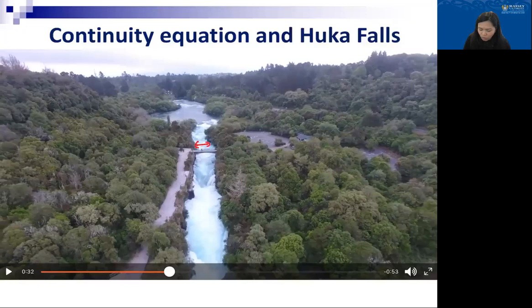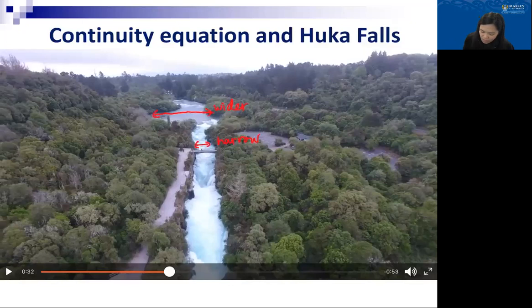So notice how in this section of the channel at Huka Falls, you have a narrower section as opposed to this part here, which is wider. Okay, and notice how at the wider part, the water seems to be calmer because the water is flowing slower, and you have this calmer area where the falls is wider.